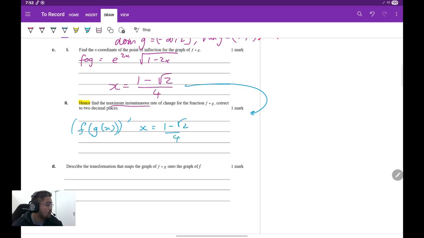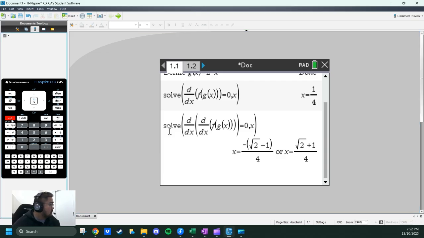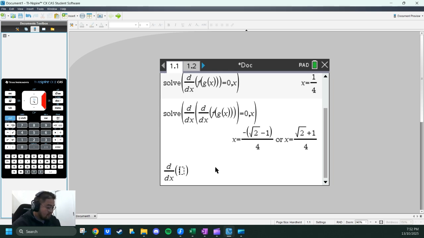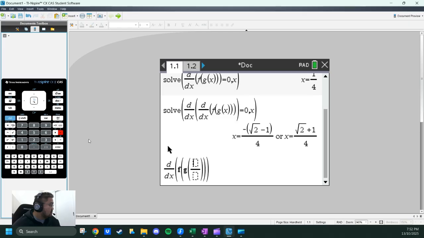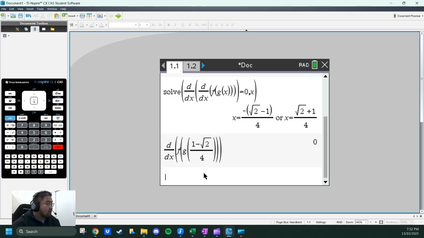So if we go into our CAS again, and we say fog, let's take the derivative of x of fog. But we're really evaluating at the point 1 minus root 2 over 4.